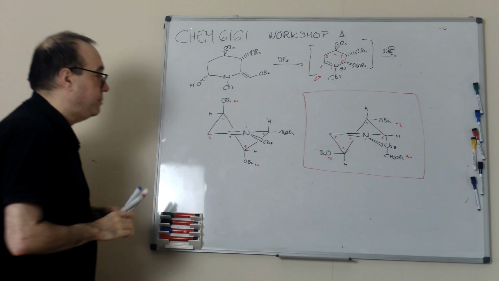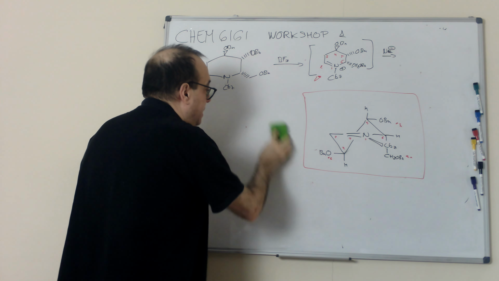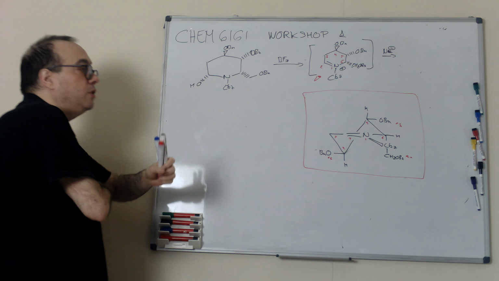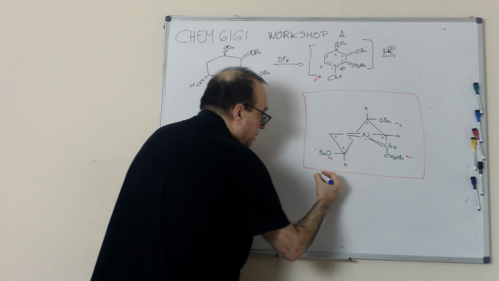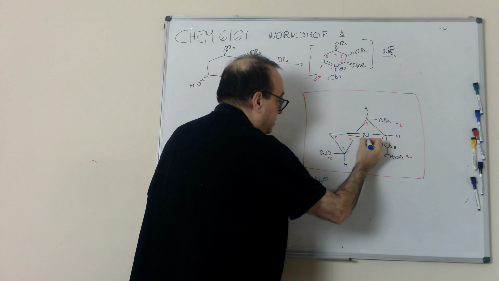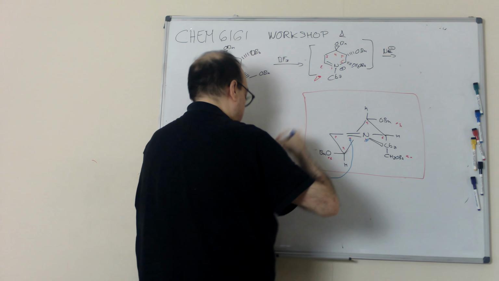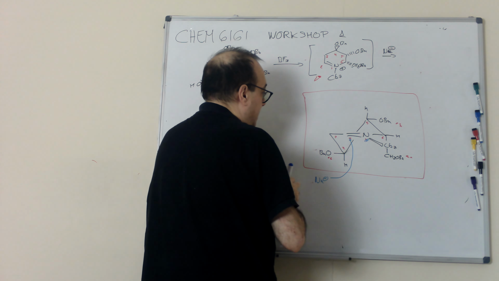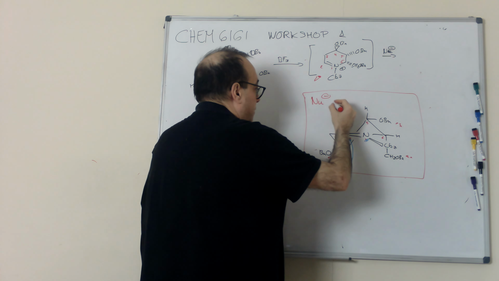If this is the most stable conformation, I delete this, and now I am going to analyze how the nucleophile is attacking. I have the nucleophile following a Burgi-Dunitz reaction trajectory, and it can attack from here or from here.